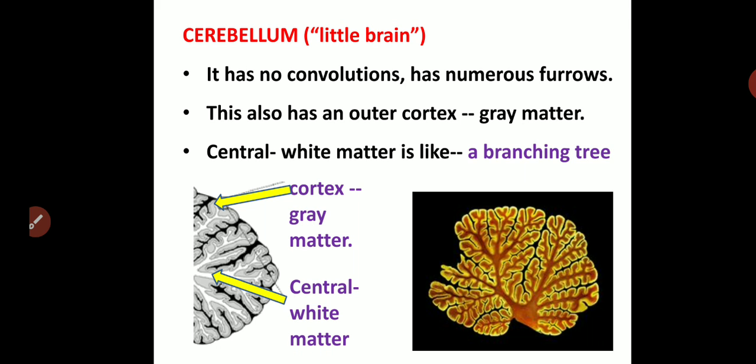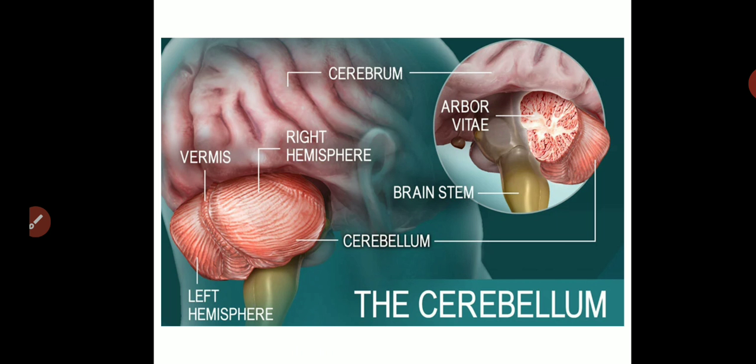Here you can see those. It has no convolutions, but it has numerous furrows which look like a tree-like structure, and it has the same thing, that is the grey matter as well as the white matter. So the cerebellum is also called the little brain. This diagram also helps you to understand how the cerebellum is located as well as how it looks.